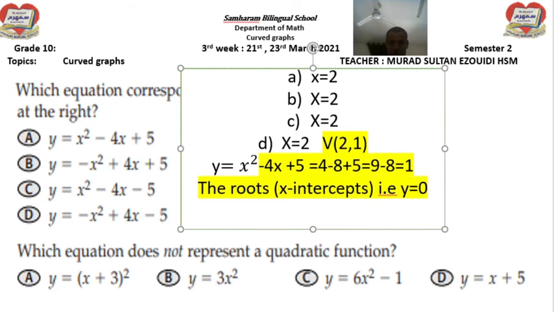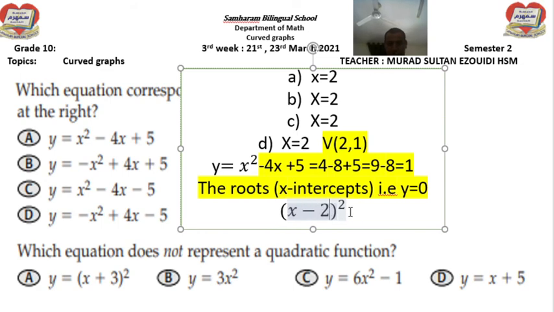Okay, so what will we do exactly? I will make x squared, and y of course equals 0 here, so I don't need to write it. This is negative 4. I will divide negative 4 by 2, it will be negative 2.